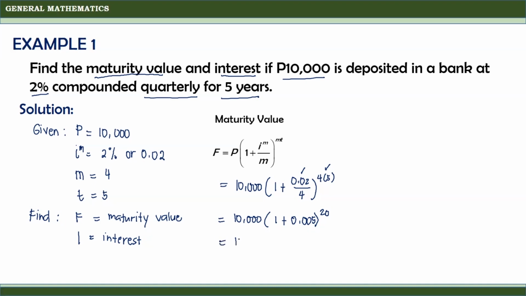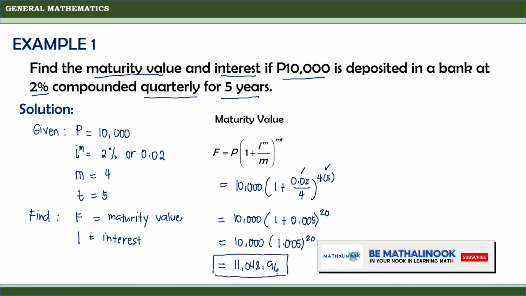So it will give us 10,000 times 1.005 raised to 20. From here, you can easily solve this one using your calculators. So what you need to do is to multiply 10,000 times 1.005 raised to 20. So finally, our answer will be equal to 11,048.96.